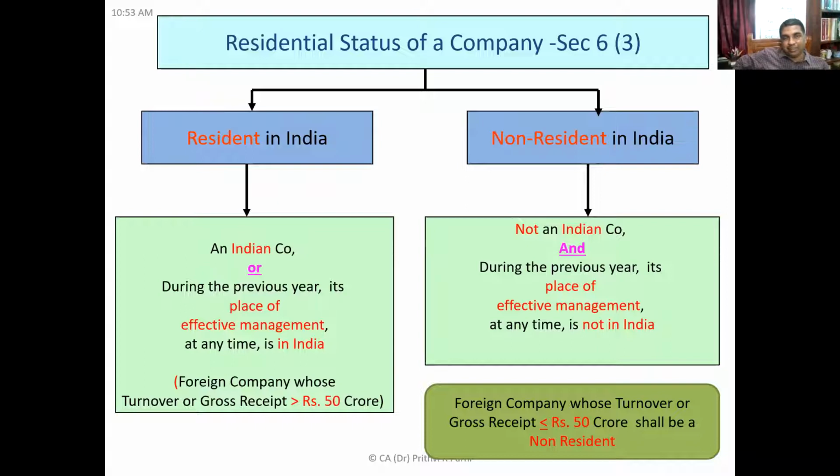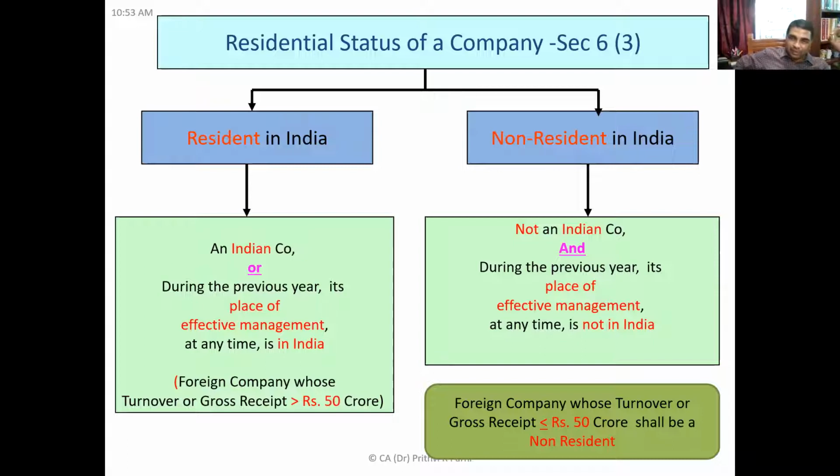We'll discuss what the place of effective management is. So during the previous year, if the place of effective management at any time is in India, then that will also be regarded as resident. That means this part is applicable to non-Indian companies or foreign companies.